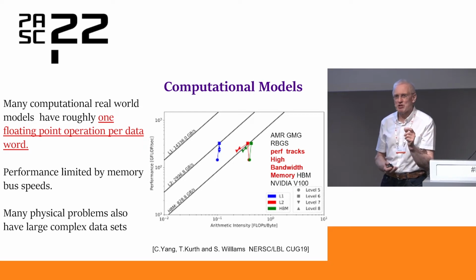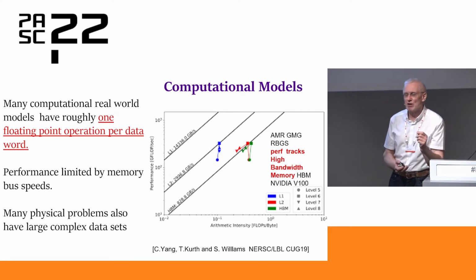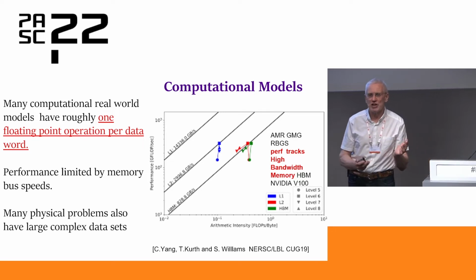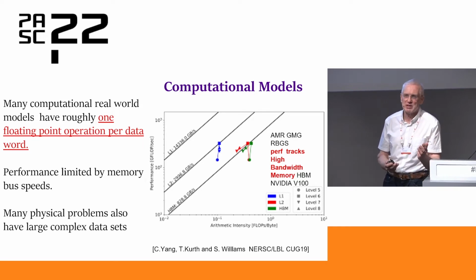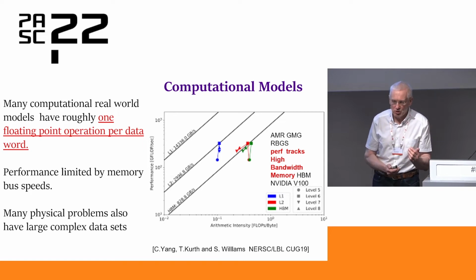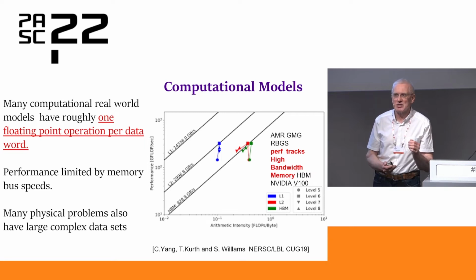So if you think back to our table a couple of slides ago, we need a lot of floating point operations per word, but many of our codes just don't have this, standard fluid dynamics codes and so on. And in areas like weather forecasting it's even more complicated because you have data assimilation and all kinds of things going on. So it's not clear that you can necessarily get peak performance.